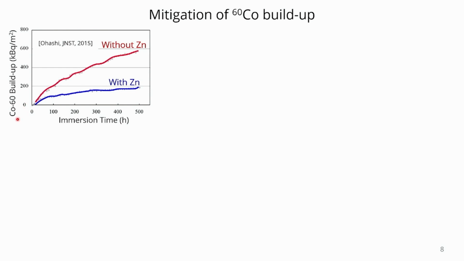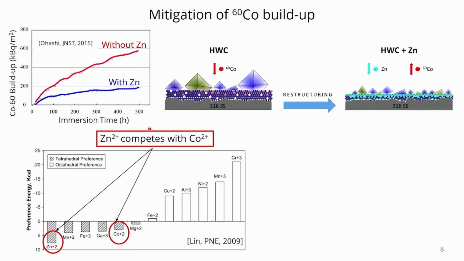For example, it has been observed that the cobalt-60 buildup into the oxide can be mitigated by adding zinc ions into the water. If we look at the preference energy of zinc and cobalt in the tetrahedral sites, we can see that they compete for the same sites, but zinc being more stable than cobalt, it is believed to substitute it and reject it into the water, as shown in the schematic on the top.